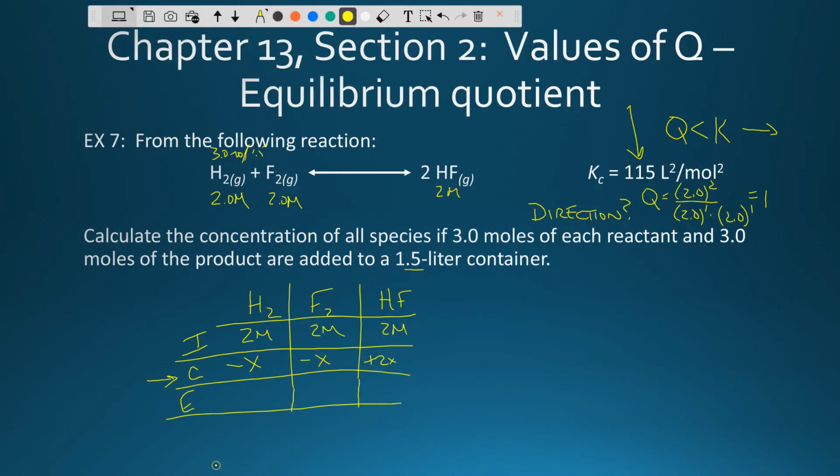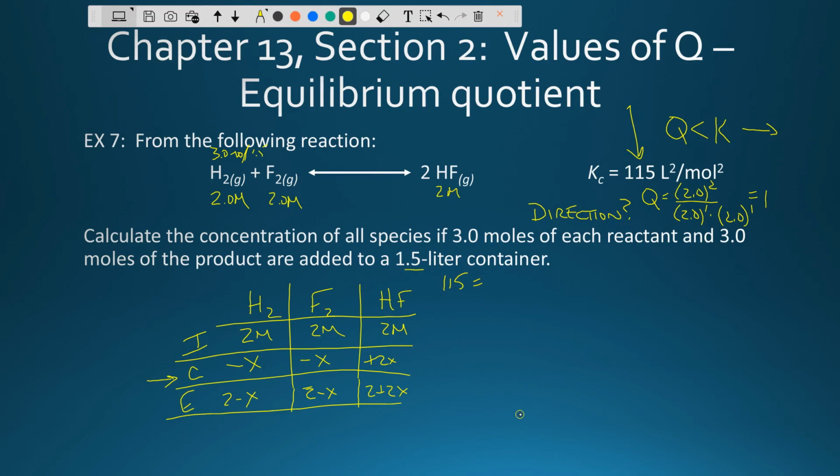All right, so let's take a look at equilibrium, what we have. 2 minus my X is going to be 2 minus X. 2 minus X is 2 minus X. And 2 plus 2X, that ends up being a 2 plus 2X. Okay, not rocket science. Now, when we consolidate all this together, I find that my Kc value is 115.